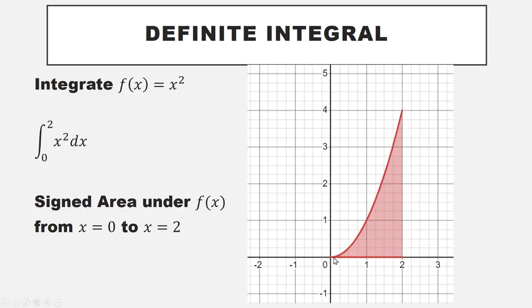But if ever my function goes below the x-axis, then it's going to calculate the area between the function and the x-axis, and it's going to count that as negative. So we call that the signed area under f of x, again from x equals 0 to x equals 2. So the definite integral gave me an area under the curve.